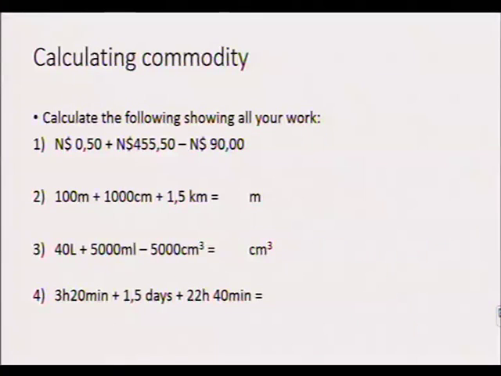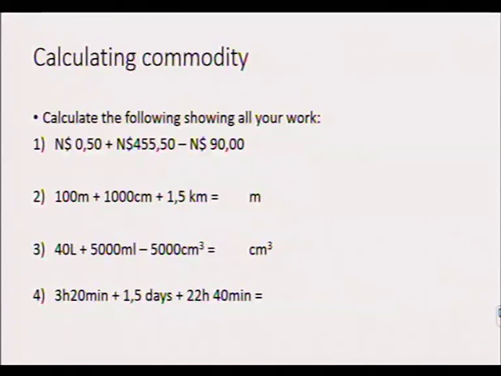The same with this one. Also is one of the issues that sometimes give us difficulty. You have 3 hours 20 minutes plus 1.5 days plus 22 hours 40 minutes. So what you do here, you first convert everything to a unit that you are comfortable working with. So for example, it will be 3 hours, and then the days you convert to hours.